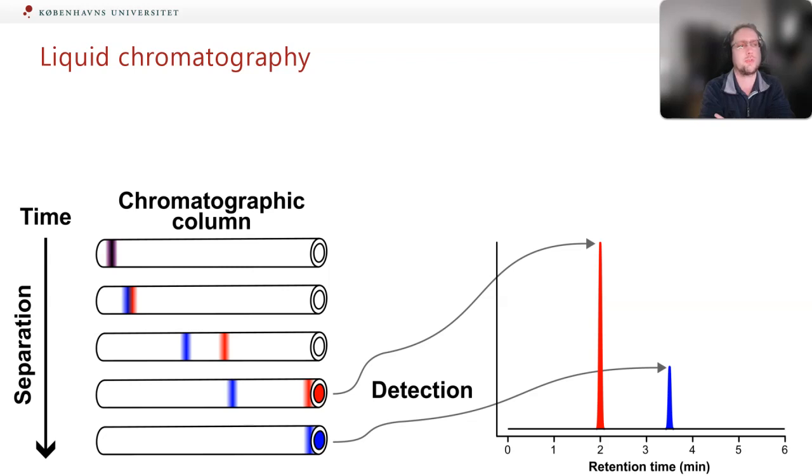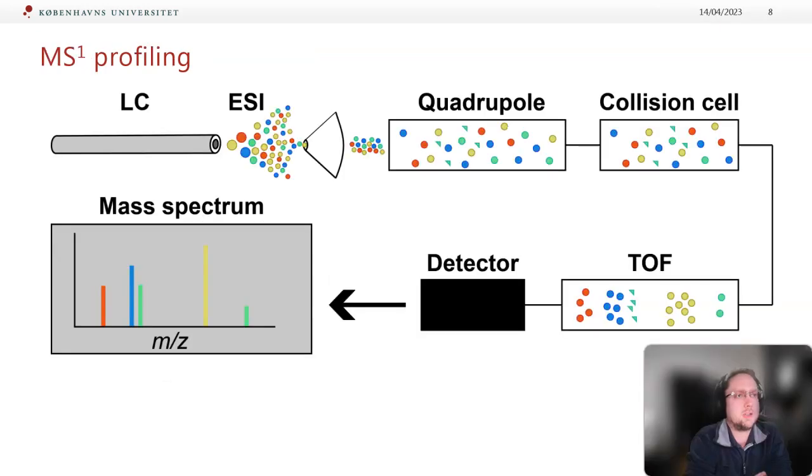In this example, you see that the red compound passes quickly through the column, whereas the blue compound sticks more to the column and therefore takes longer to pass through the column. So the red compound exits the column first, and we can detect it separately from the blue compound that arrives to the detector later.